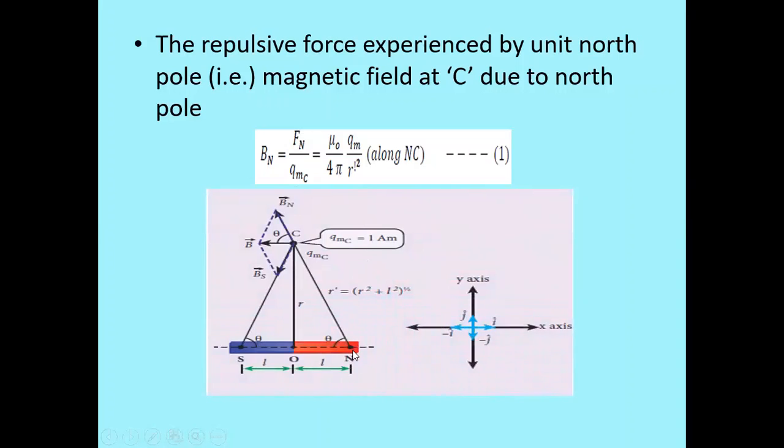Why R dash square? Because the distance between C and N is R dash. So it is mu 0 by 4 pi Qm by R dash square, along the direction NC, from N to C.